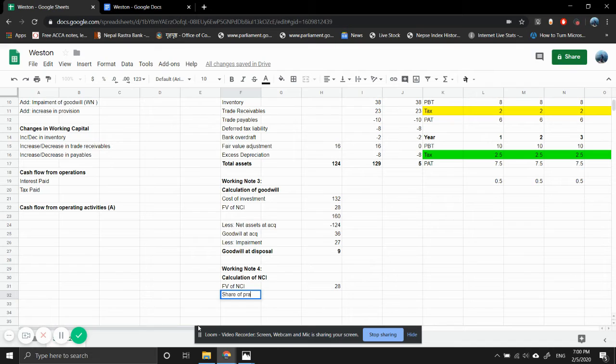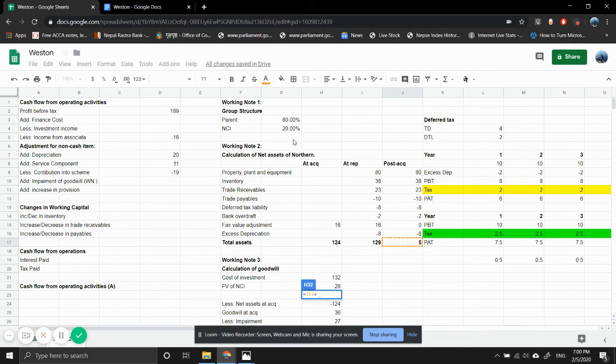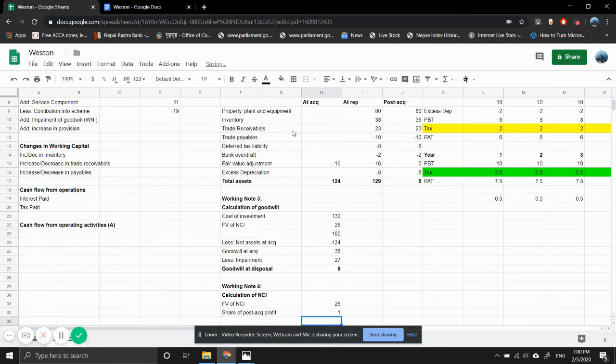So share of post acquisition profit, which is basically this figure into holding percentage. What's the holding percentage? 20.